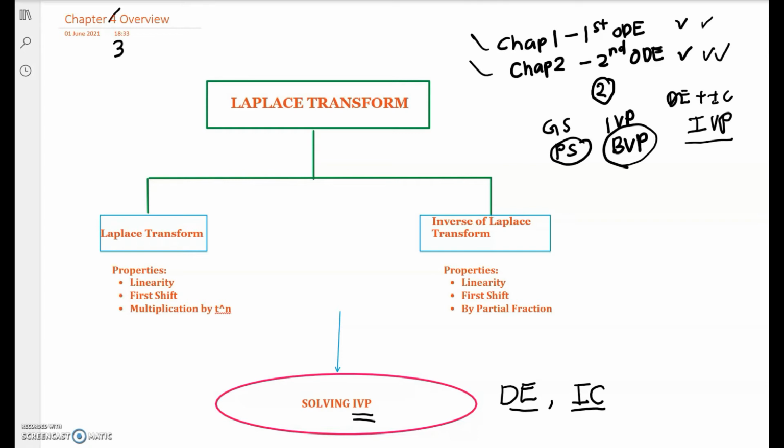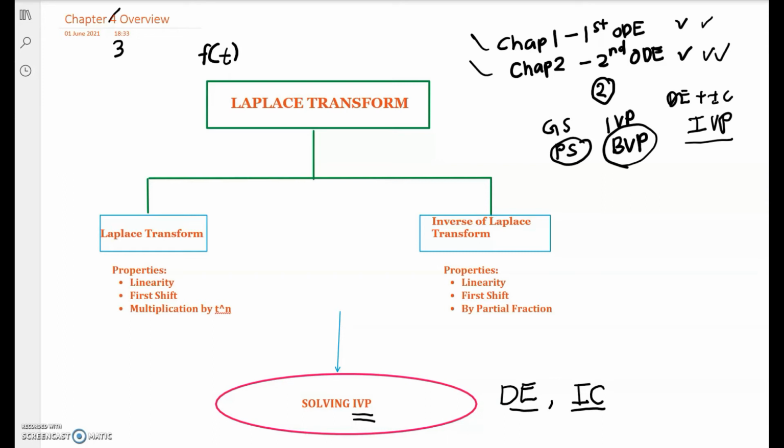So let's talk about the Laplace transform. The Laplace transform is a method where we find the transformation of a function in the time domain. We call it f of t, where t stands for the time domain. It can be g of t, it can be any function of t.